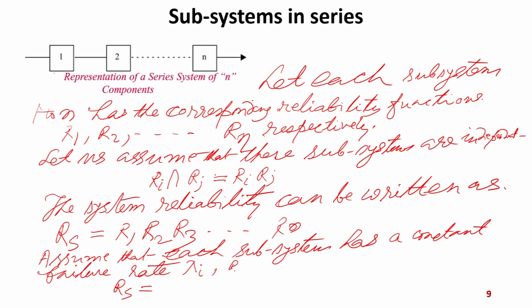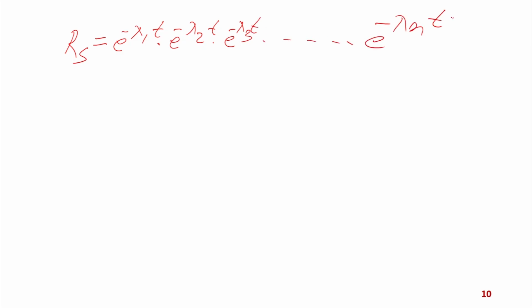In that case, R i will be equal to e to the power minus lambda i t. Then I can write the system reliability R s is equal to e to the power minus lambda 1 t into e to the power minus lambda 2 t, and so on.